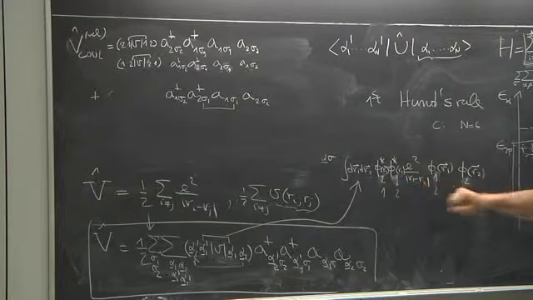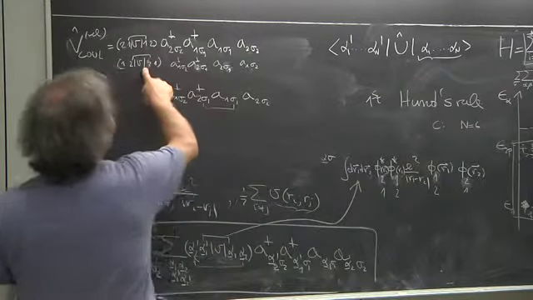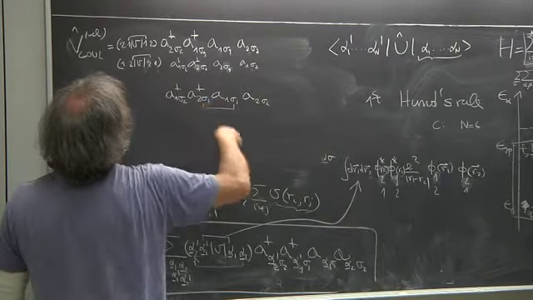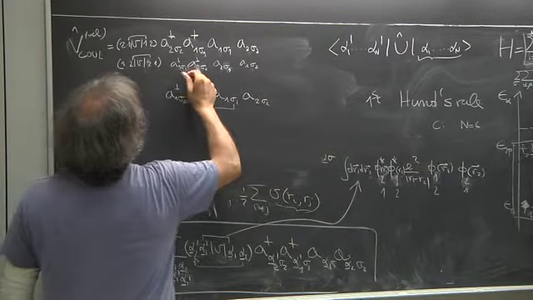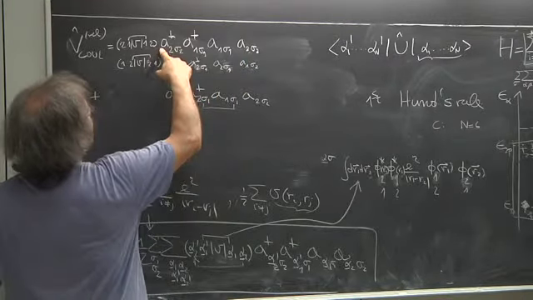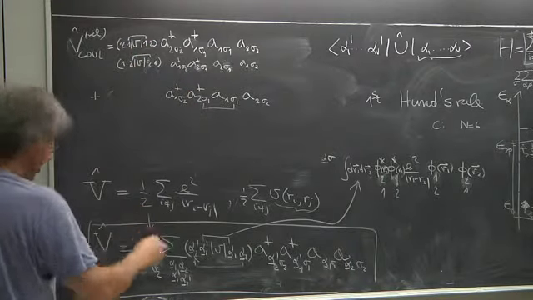The potential is symmetric under R1 and R2, and obviously the result is identical. So this integral and this integral are the same, and because of that, there is no need to keep this term here, okay? You can just keep this one with a factor 2, essentially, and you cancel this, okay?